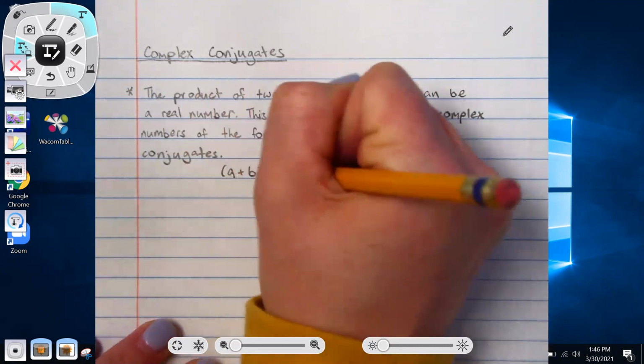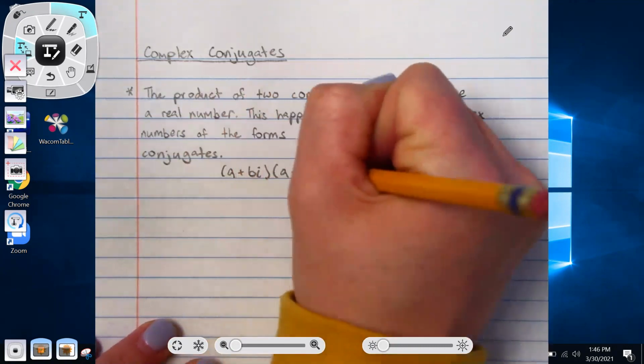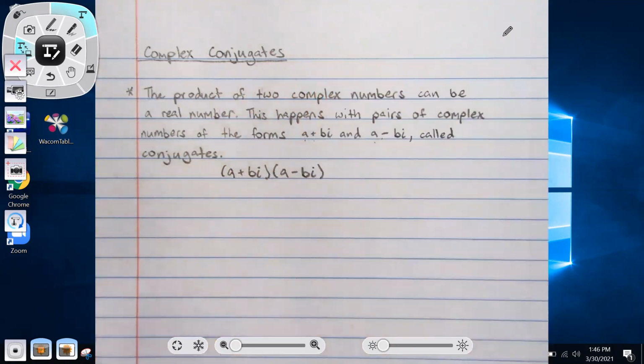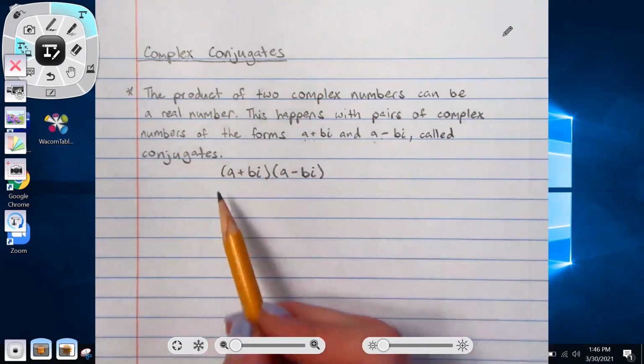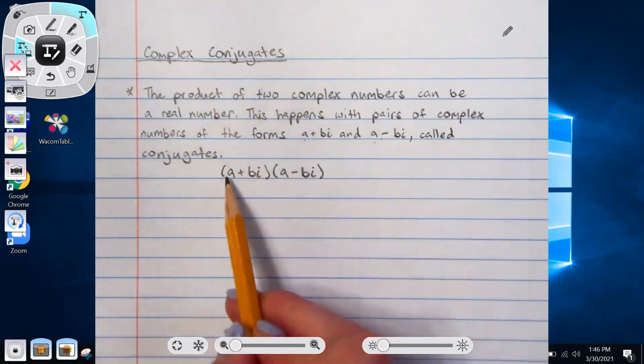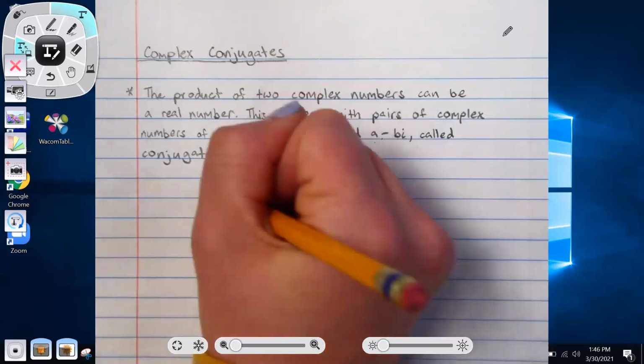a plus bi times a minus bi, and if we were to use FOIL to distribute, the first term's a times a is a squared.